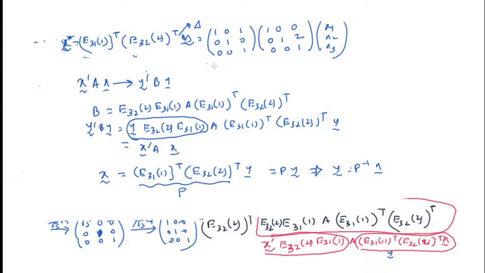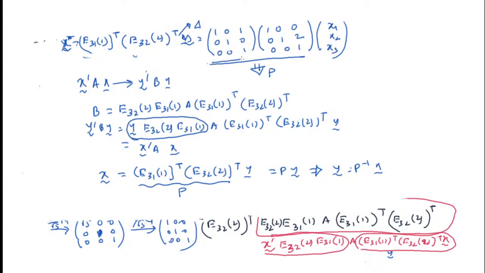Okay, so first you multiply these two matrices and denote this by P, and it should be x1, x2, x3.